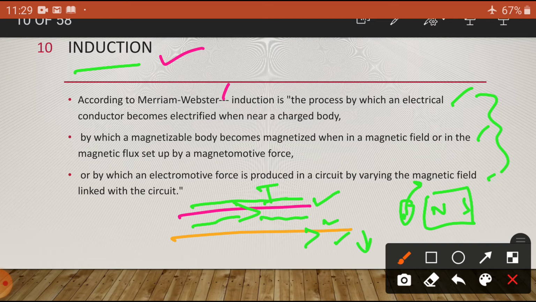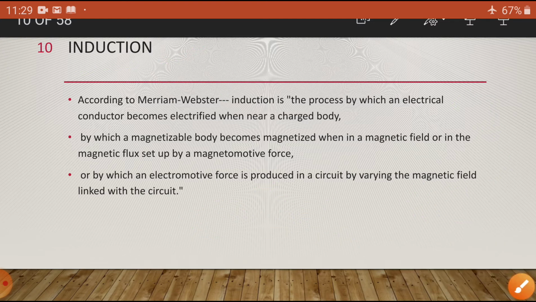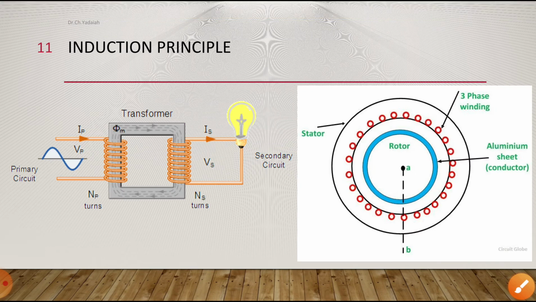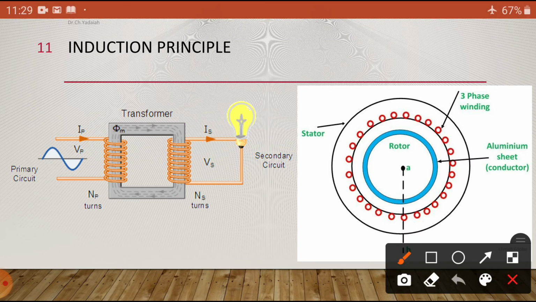Now let us see what happens here. This is a transformer core, magnetic material made up of the alloy we have already seen, and it is laminated. When AC supply is given to the primary, it produces a magnetic field, and this magnetic field flows through the iron core and links with the conductor materials.